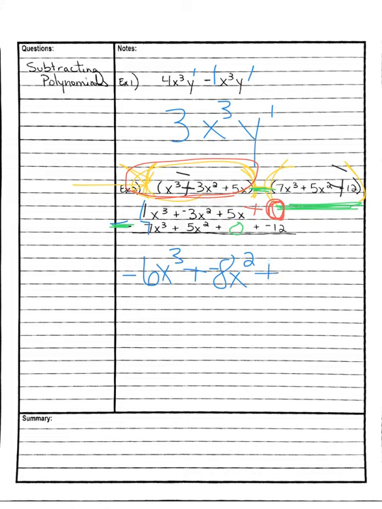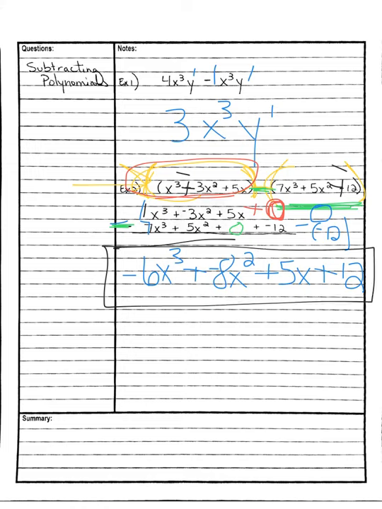We are combining like terms. Plus 5 take away nothing is just that 5x. Plus, and this one is a little tricky for some people, we're taking 0 minus negative 12, and you get a positive 12.